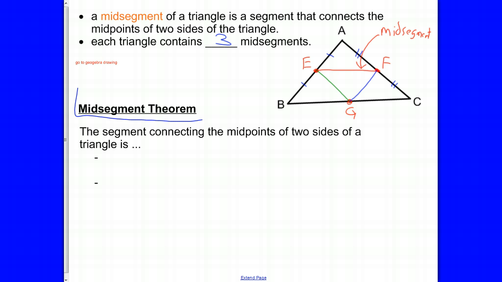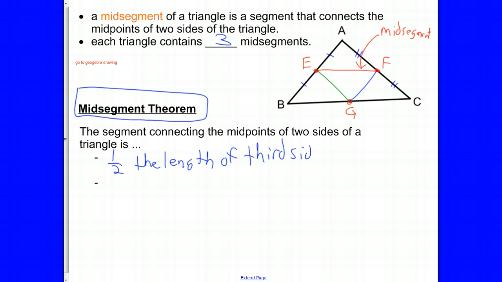It's called the Mid-Segment Theorem. The segment connecting the midpoints of 2 sides of a triangle is half the length of the third side of the triangle.